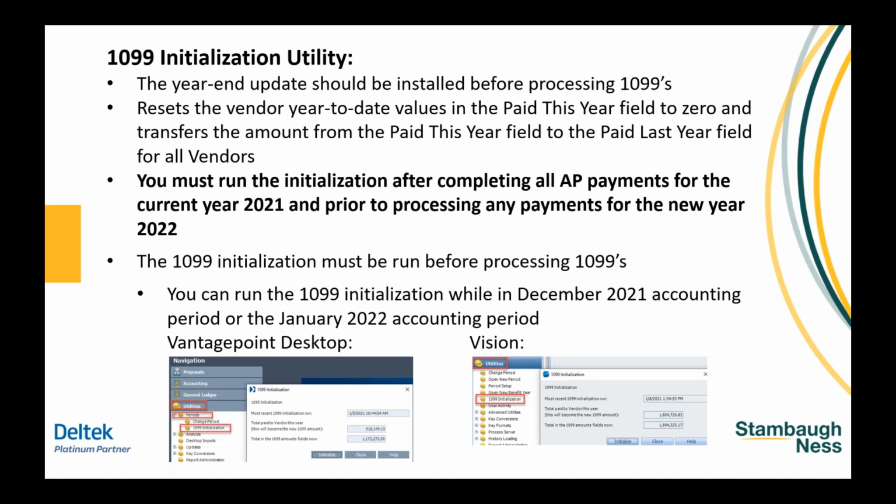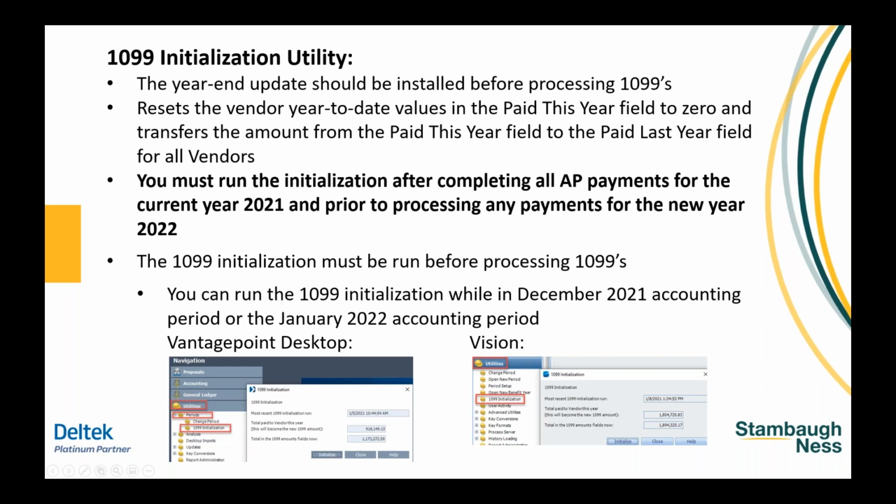This has to be done prior to running any checks dated January 1st and beyond. I know everybody's going to rush back into the office. Fortunately, we have an extra day to recover, Monday the 3rd, to do their rent checks. Do not run rent checks. Do not run any checks until your initialization has been done for the 1099s.